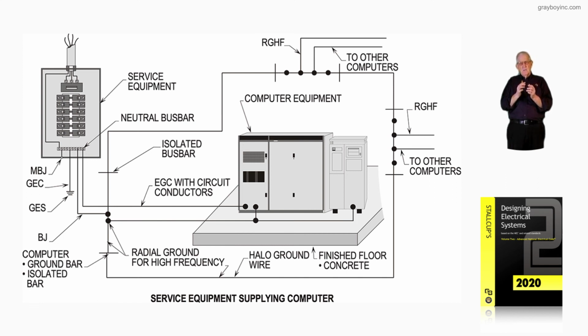But what this figure 16-133 is illustrating is when we're using a non-metallic spacer between the raceway system and the sensitive electronic equipment in accordance with 250.96(B) of the code.